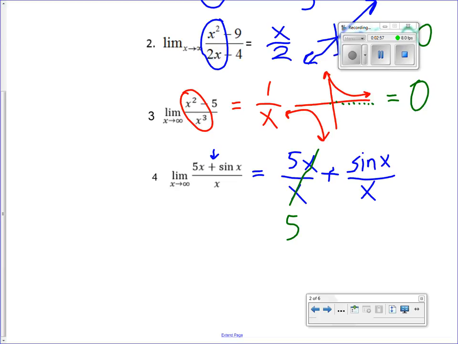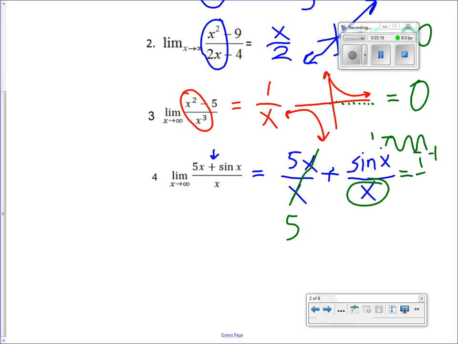Well, think about sine x. When you graph sine x, it just oscillates up, down, forever and ever. The highest it is is 1. The lowest it ever is is -1. So this is always a number between -1 and 1. As you go to infinity, x is going to get very, very large. The largest sine of x can be is 1.